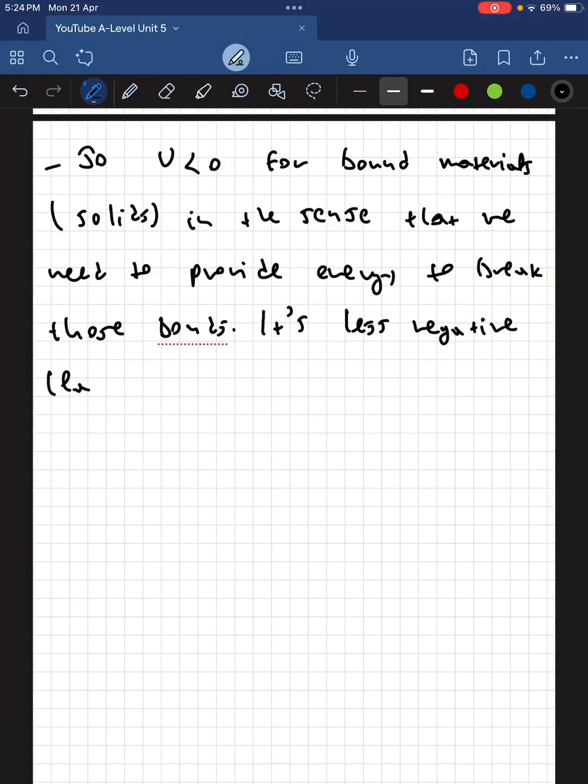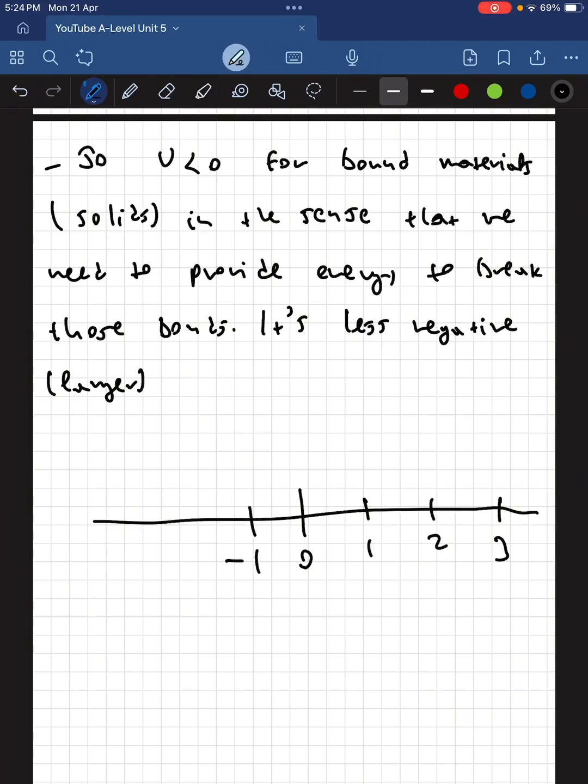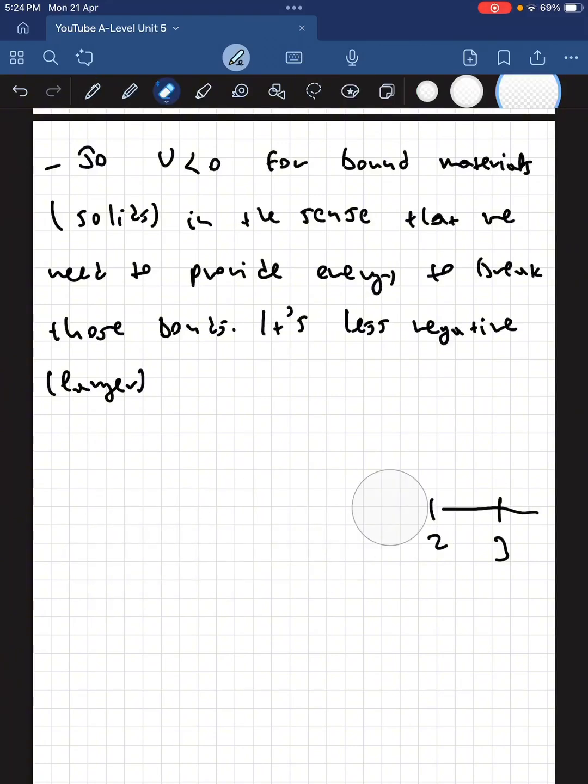that's larger actually, okay? So less negative, like minus 2 is a larger number than minus 10. Remember that, because if we draw the number line, if this is 0, this is 1, this is 2, this is 3, and if this is minus 1, minus 2, and minus 3, for example, we see immediately how minus 2 is larger than minus 3. So this is what I mean by larger, okay?